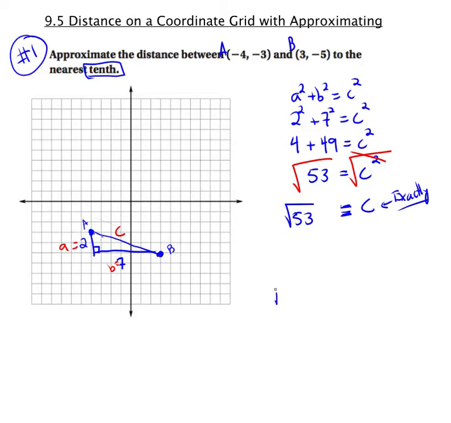The square root of 53 is in between. I like to do the 49 just below it. The square root of 49 was 7, so the one above it has to be 8, which is 64.